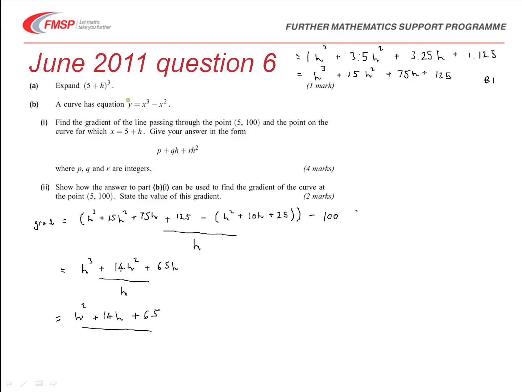And you see we found suitable values for P, Q and R as required. It's worth writing down that P is 65, Q is 14 and R is 1.